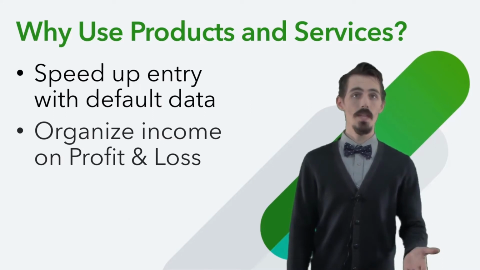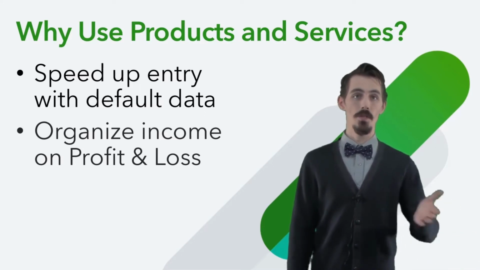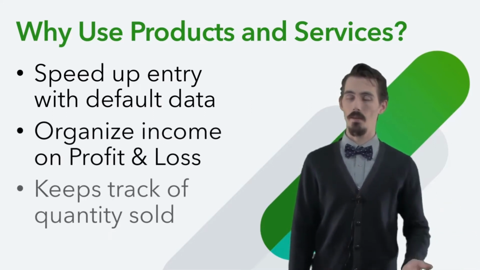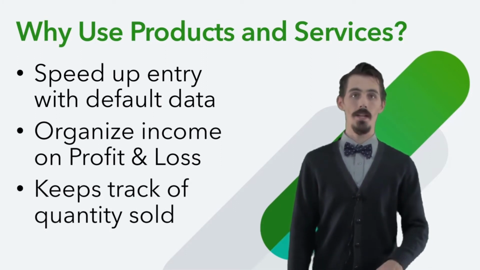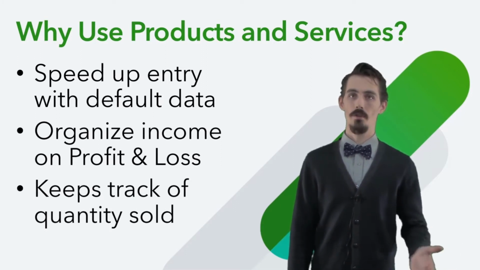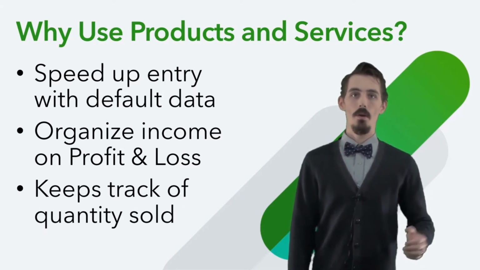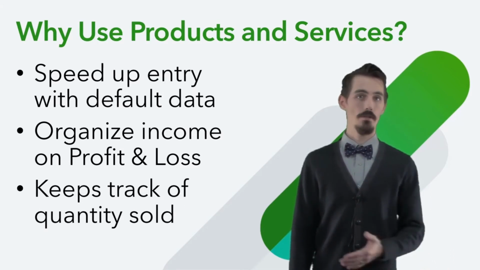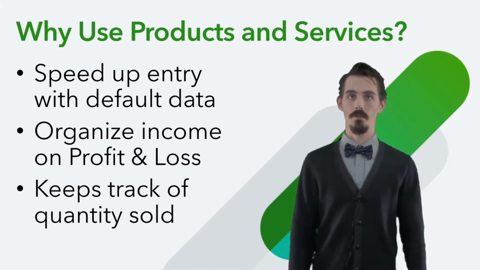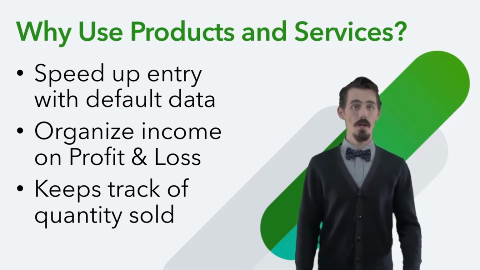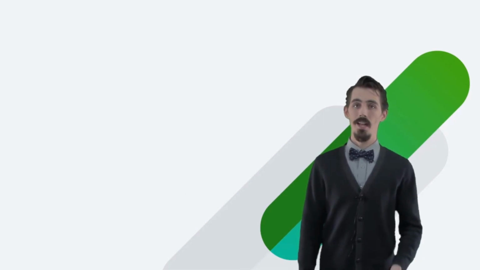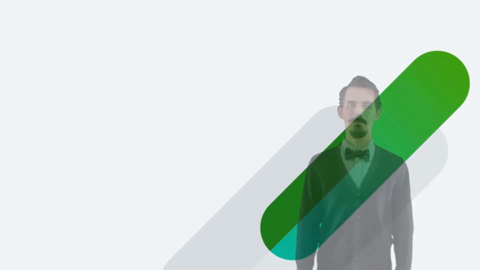You can then use that data to measure your performance of different products and services over time. The third advantage is the ability to track the quantity and price of what you're selling. Without products and services, you can't track this data within QuickBooks. Next, you'll learn how to turn products and services on, and then record a sale using those products and services.